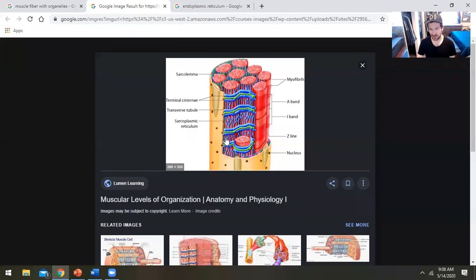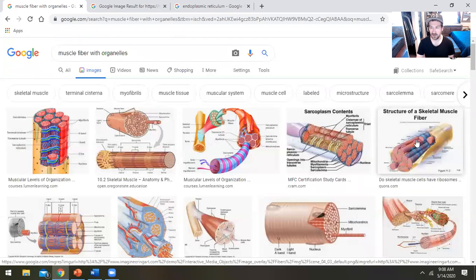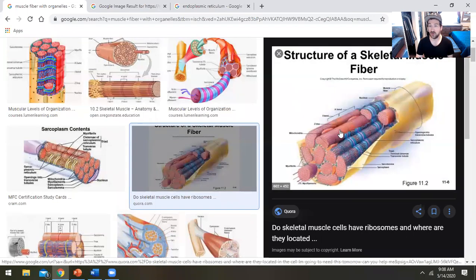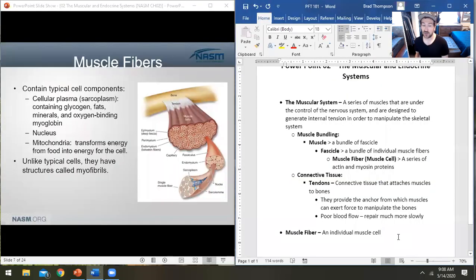But in a muscle cell, it's this webbing. So it looks very different, and it has to look very different because it has a very different structure here. Because it's different, we give it a special name. Rather than calling it endoplasmic, we're going to call it the sarcoplasmic reticulum, okay? Sarco comes from the word, I believe, flesh.